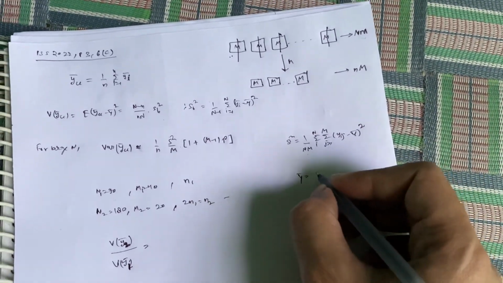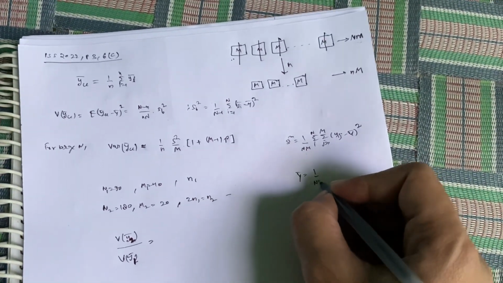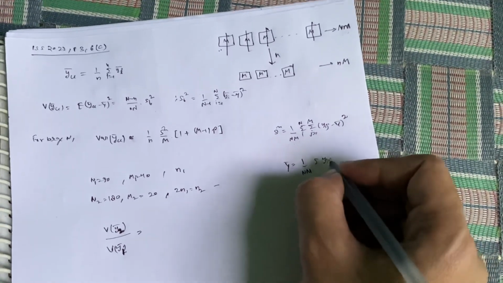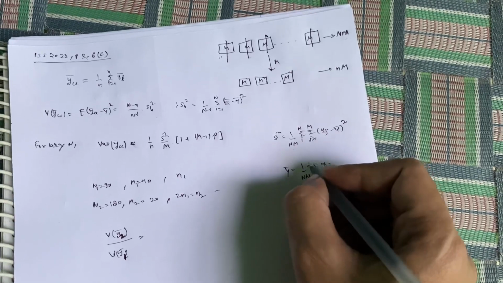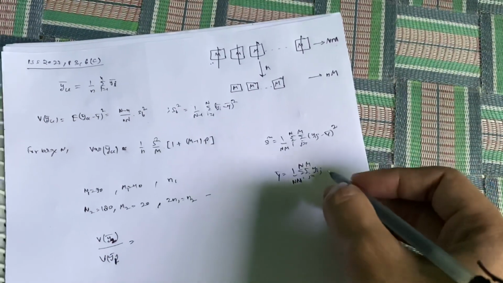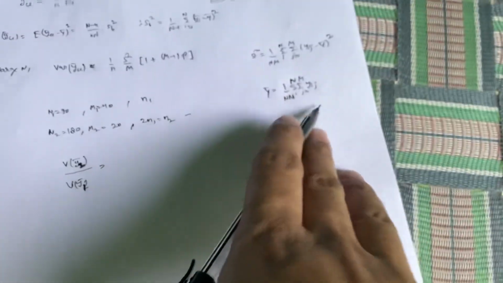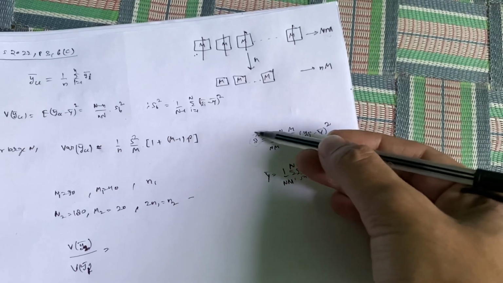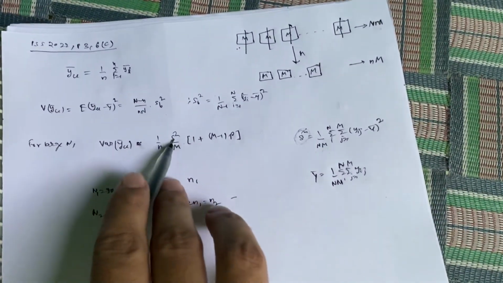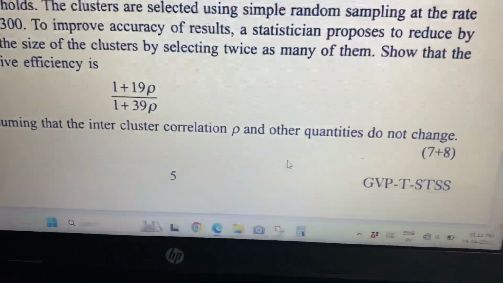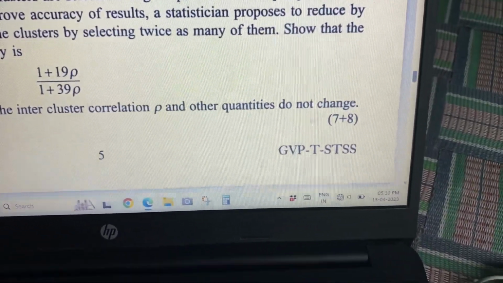Capital Y bar has total number of units NM, and it is the double summation of yij, i from 1 to n, j from 1 to m. So this will also be the same for both situations. So our S square will remain the same in both situations. That is what I want to point out. Also I have written that other quantities do not change.